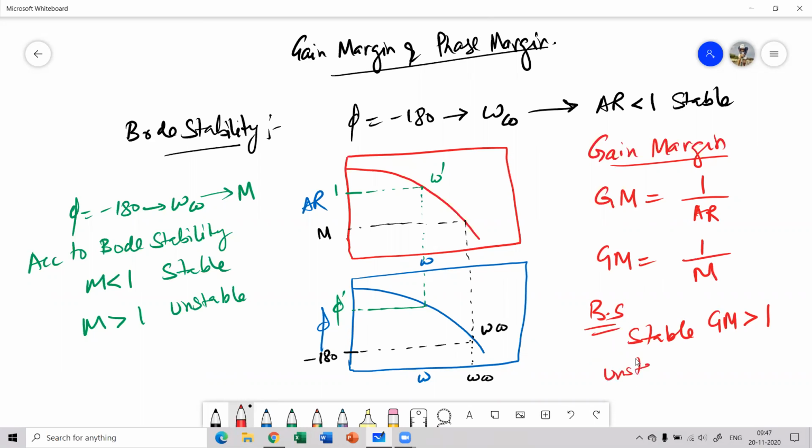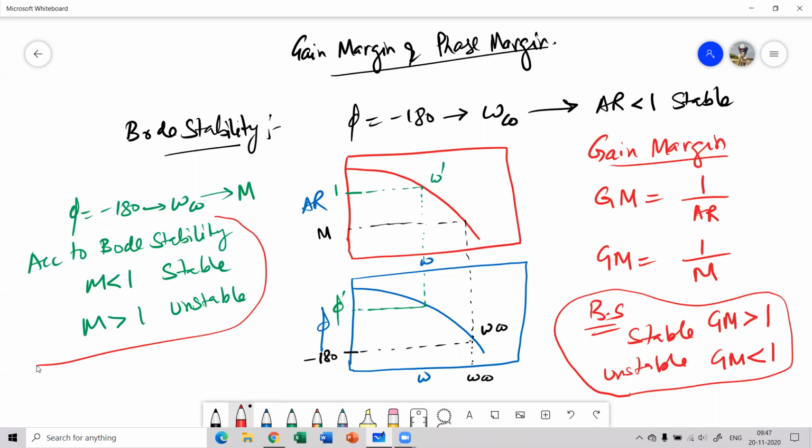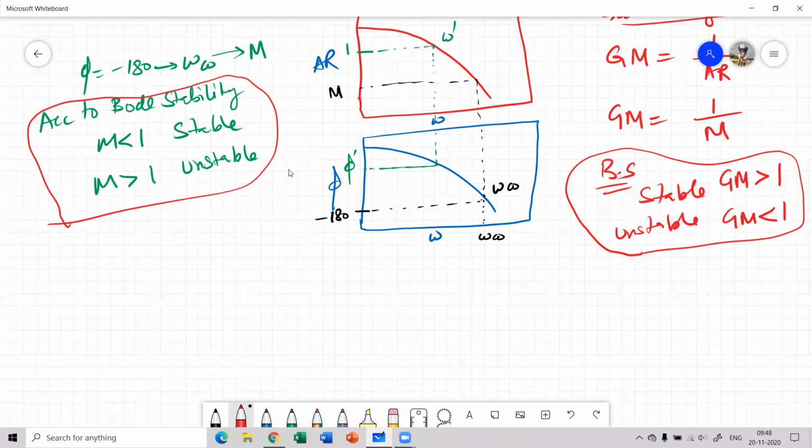And for an unstable system, M will be greater than 1, so GM has to be less than 1. Either of these conditions are your Bode stability conditions. So this is where we define your gain margin. For the system to be stable, the gain margin value has to be greater than 1. If it is less than 1, the system is unstable.